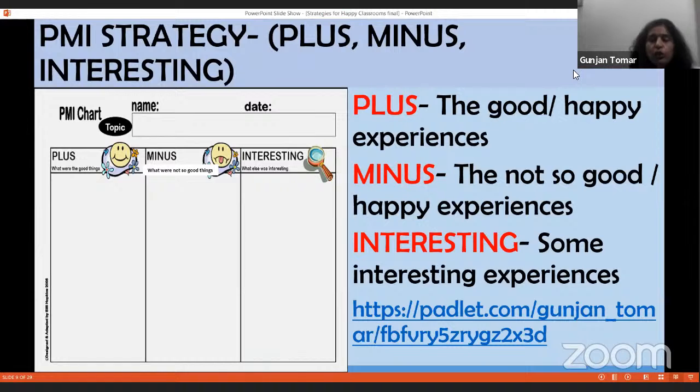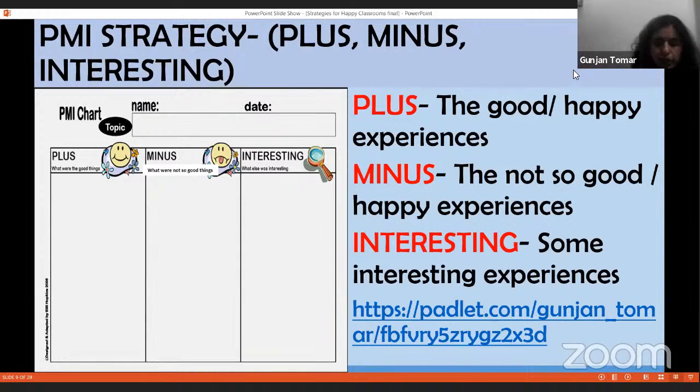P means plus, the good, happy experiences. M means minus, that is, not so good or not so happy experiences, and I is something interesting. So interestingly, some things that were plus for some students were interesting for others, and some things that were interesting for some students were plus for others.